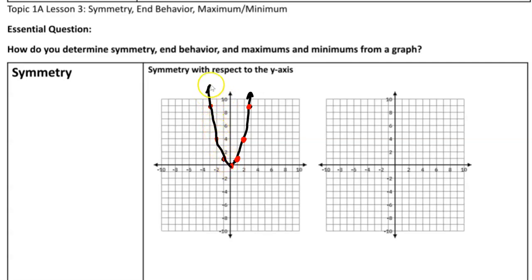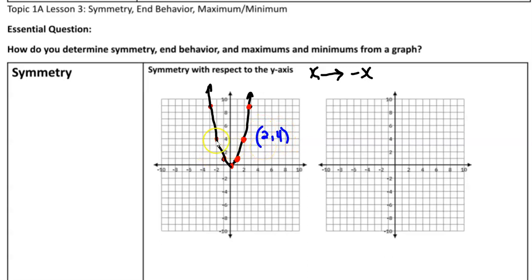Okay, so how you tell it has y-axis symmetry is if x, anywhere on the other side is negative x. So for example, this point right here is the ordered pair 2, 4.